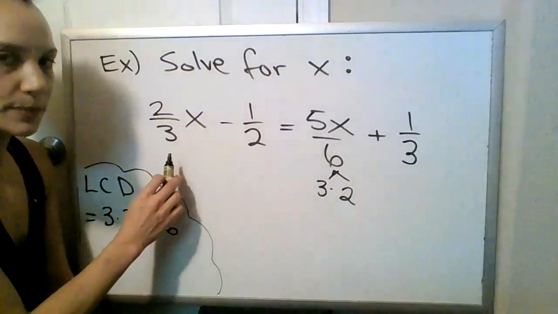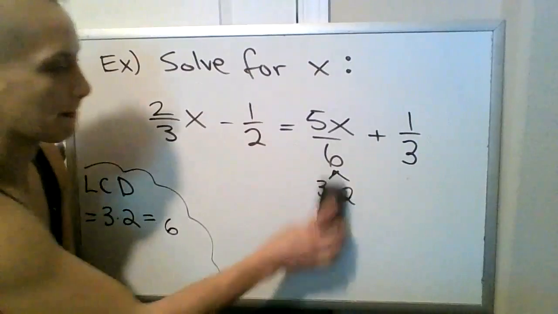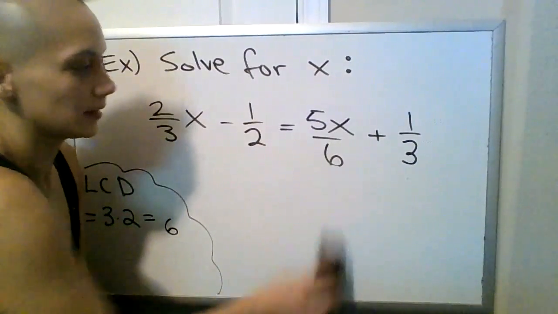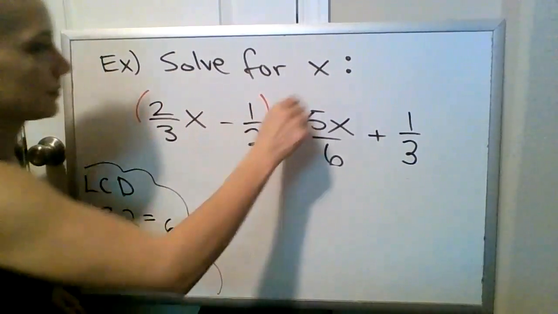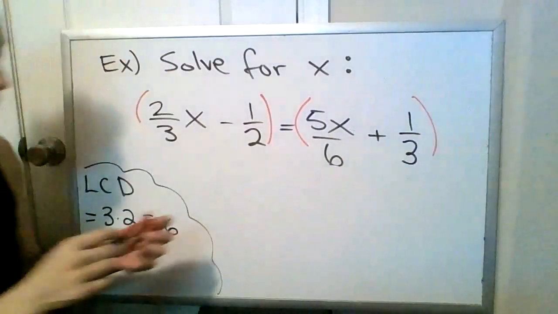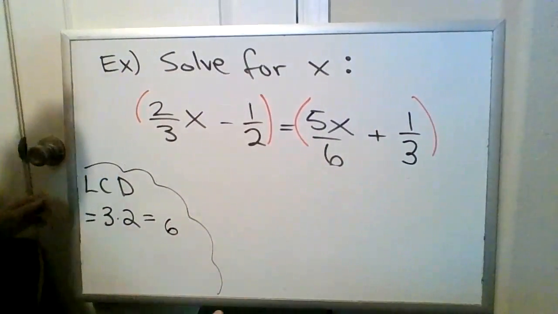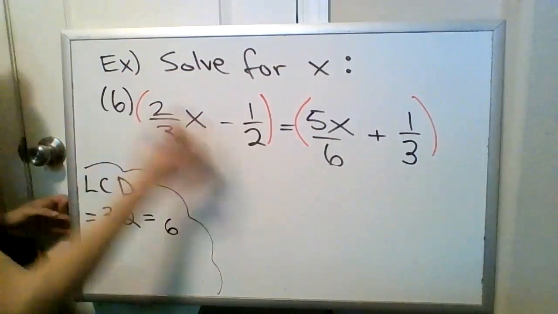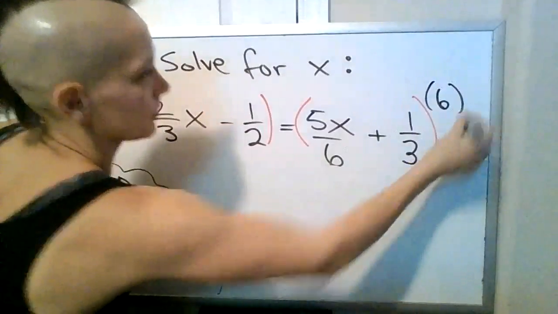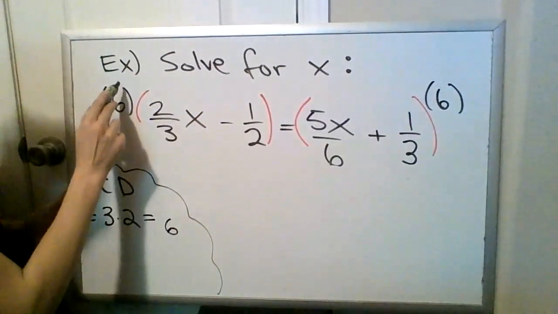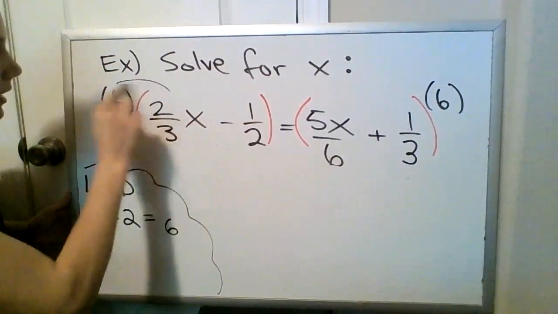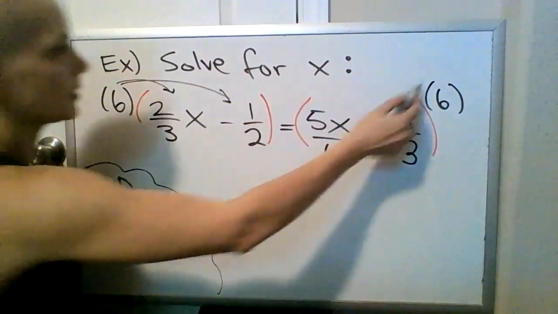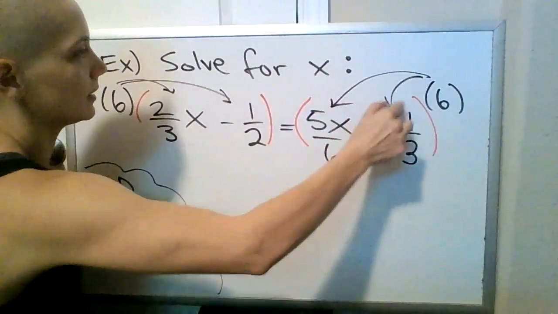We'll multiply both sides by 6. And then that 6 distributes here and here, also there and there.